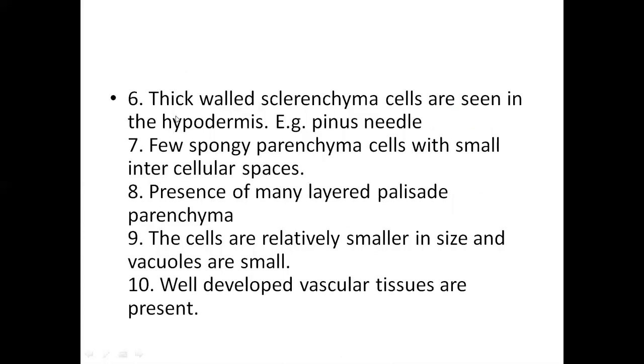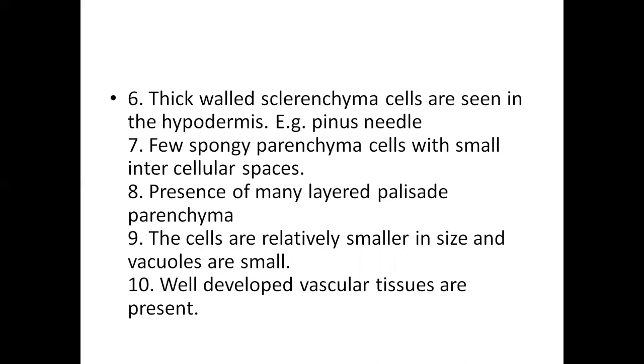And also thick walled sclerenchyma cells are seen in the hypodermis, for example in the pinus needle. This is one of the important features, the presence of well developed mechanical tissue in the plant parts. Sclerenchyma is a mechanical tissue.